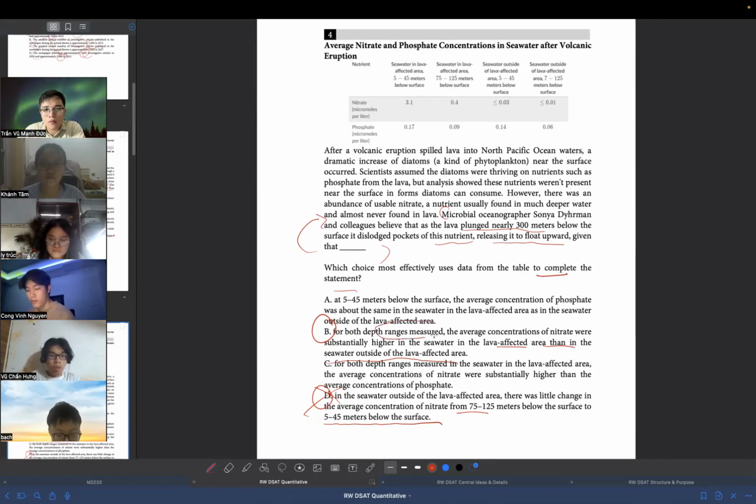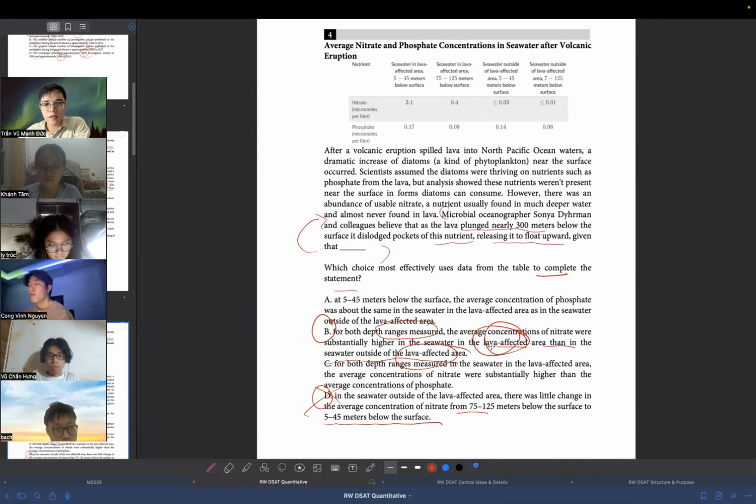So this one is saying that the lava makes the nutrients surge up to the top. So the number is going to be higher in the lava affected than in the seawater outside of the lava affected.